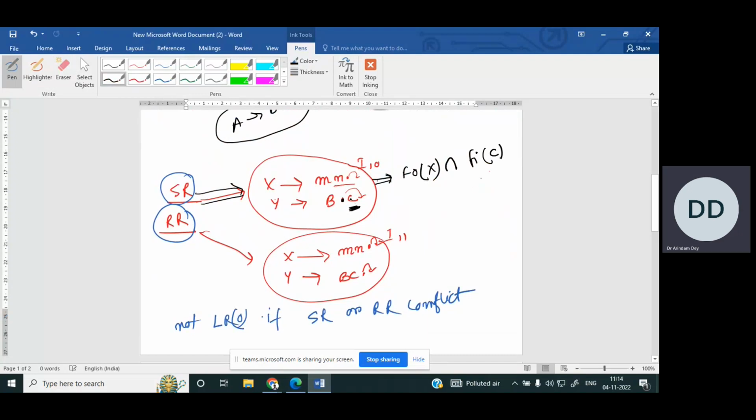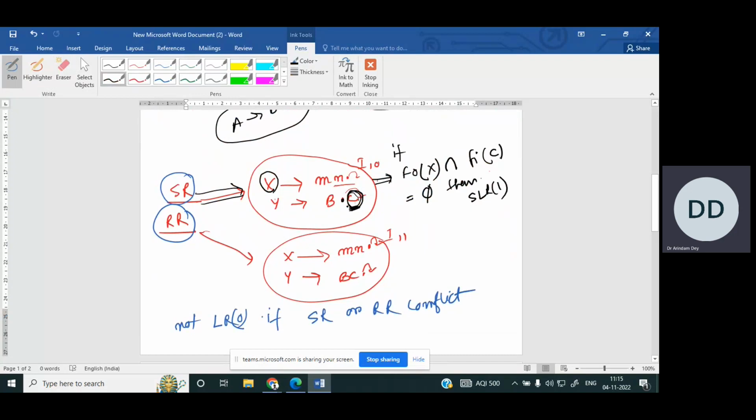If it is a terminal, then I can write directly over here. If it is a non-terminal, then I should write the first. So follow of X and first of this variable, this part. First of this part and follow of this part. Intersection, if it is phi, then SLR1.